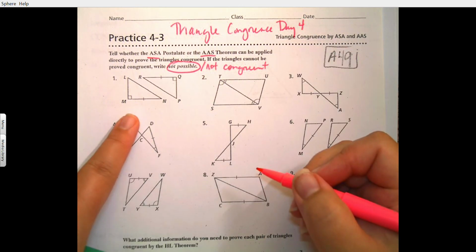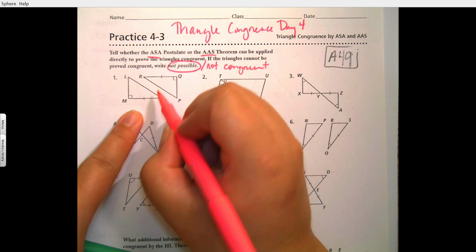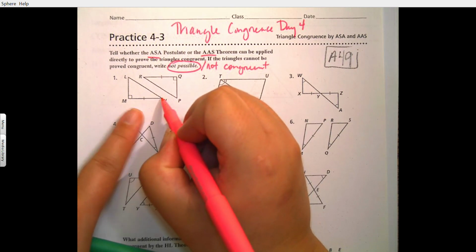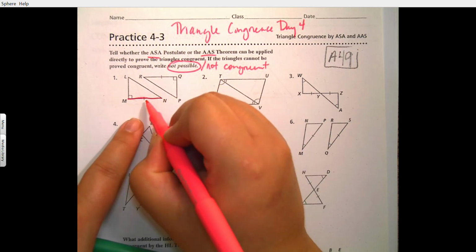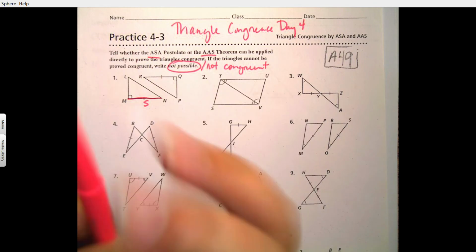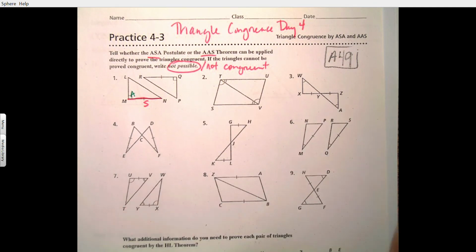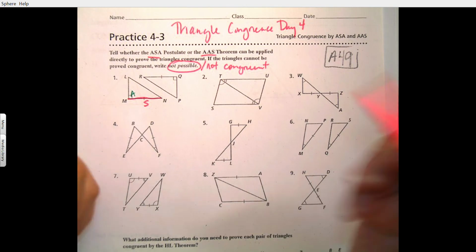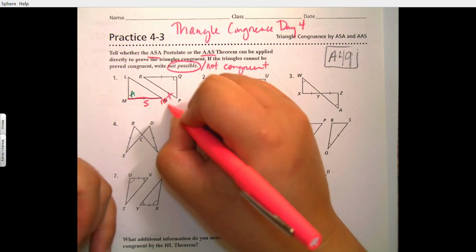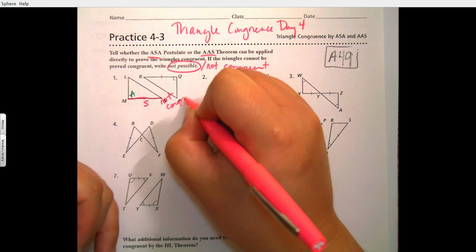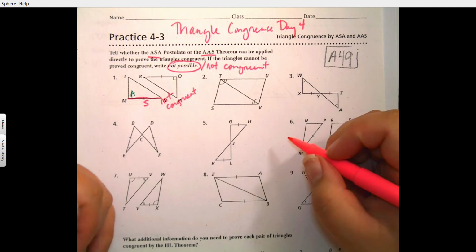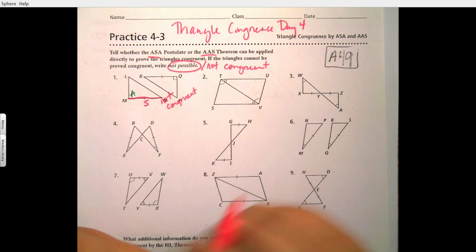Okay, so I usually start with the side because I think it's easier. So here's side and angle. And that's all I have, side angle. So is side angle one of the things? No. So this is not congruent. Okay, number 2.